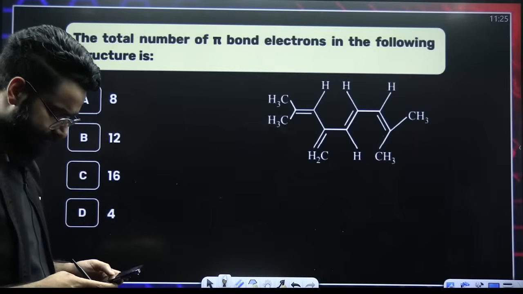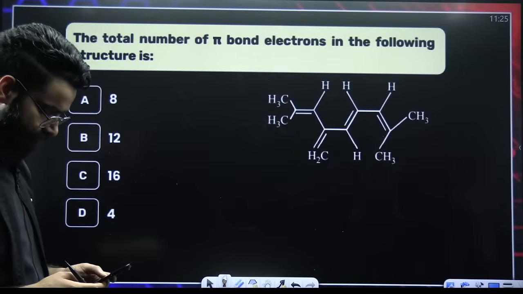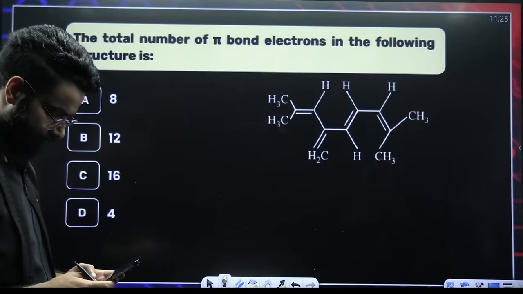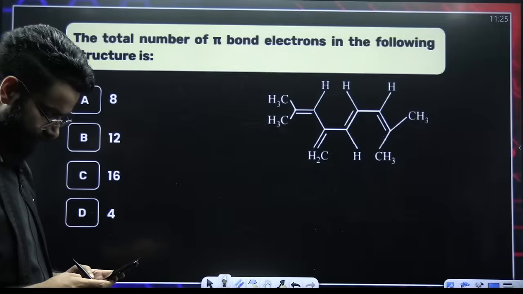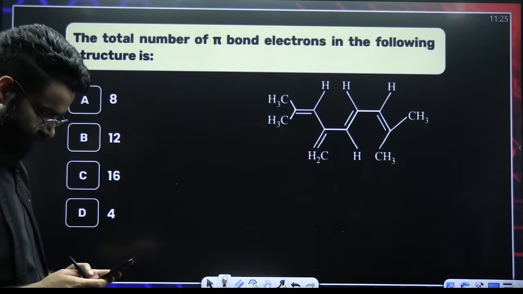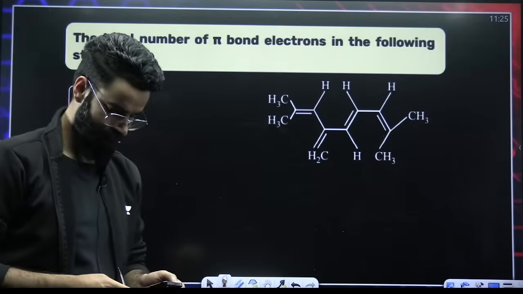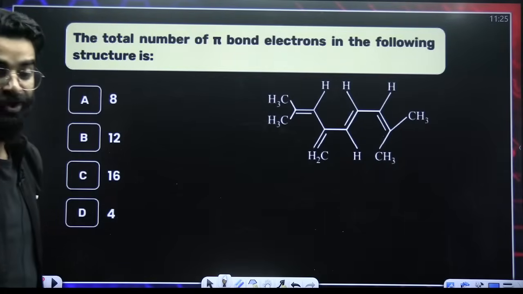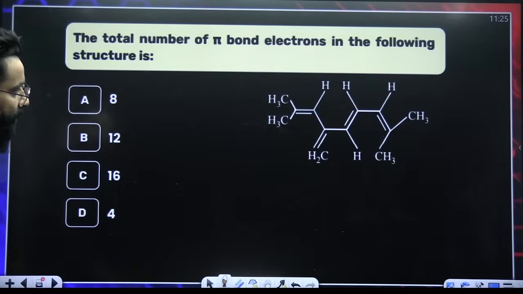Answer this question quick. The number of pi electrons. Let me see how many of you will mark it wrong.